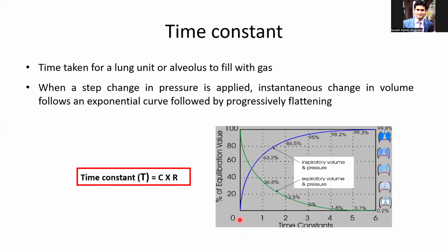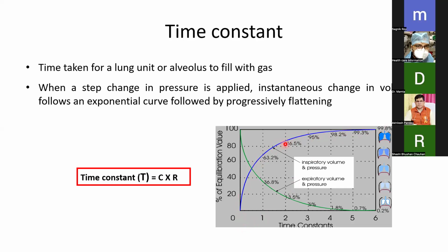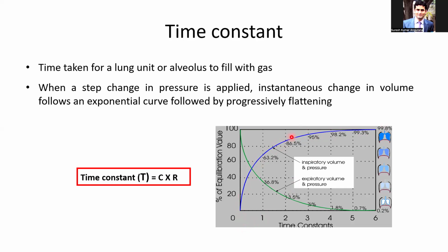So whenever we apply some pressure, there is increased filling of alveoli in the initial part, followed by a gas flow or change in volume which is not very much in the later part of inspiration. In one time constant, 63% of alveoli are filled with gas, or if we are considering a single alveolus, then 63% of it is filled with gas.